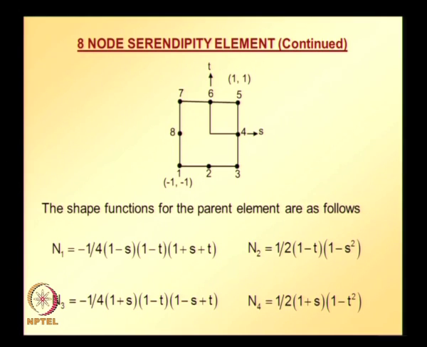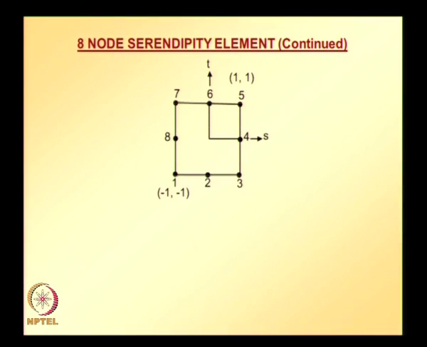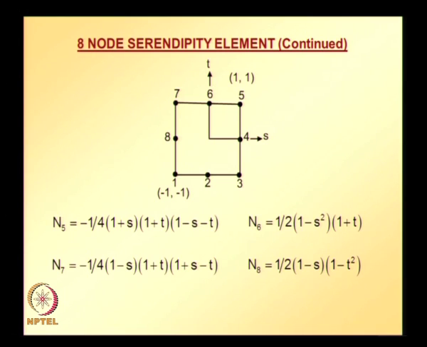Shape functions for the parent element are as follows, n1 to n4 are shown here. Similarly, n5 to n8 are given here. These shape function expressions are required for isoparametric mapping, and all these shape functions we can put in a vector n.